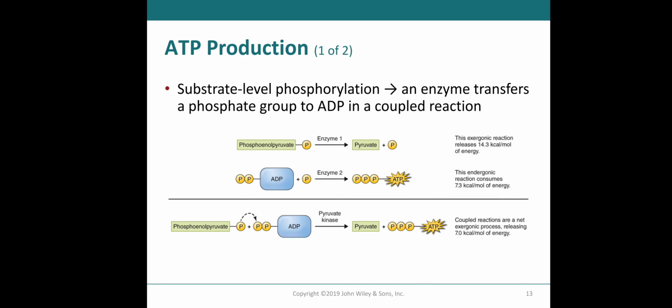There's a possibility that unwanted reactions may occur, or your cells, because of the high temperature, will die. So basically, those are some of the reasons why we do not use phosphoenol pyruvate to power anything, but we use ATP.